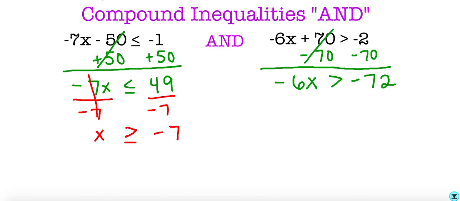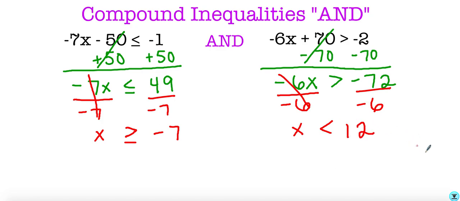And now, in order to get rid of our negative 6, we have to divide both sides by negative 6. That cancels out. And remember again, when we divide or multiply by a negative, our sign flips. And negative 72 divided by negative 6 is positive 12.